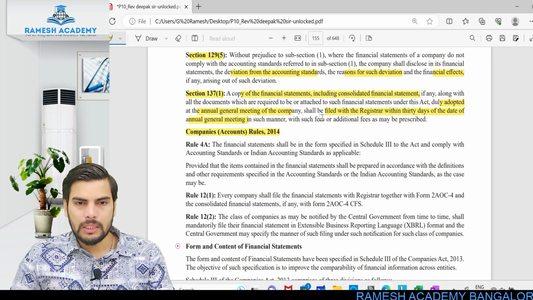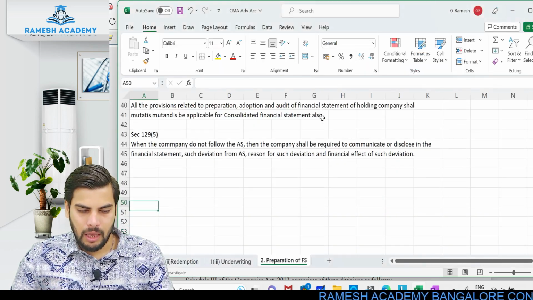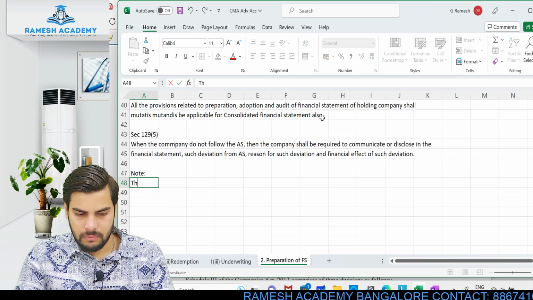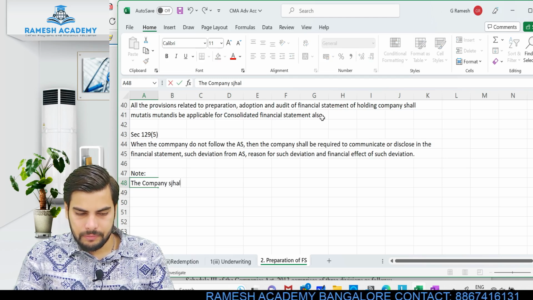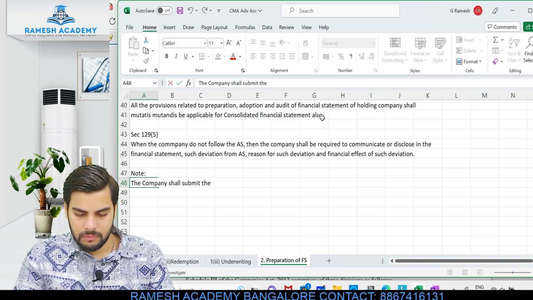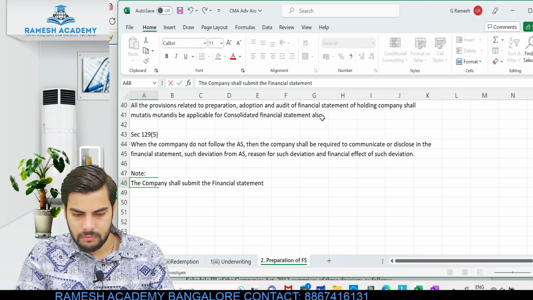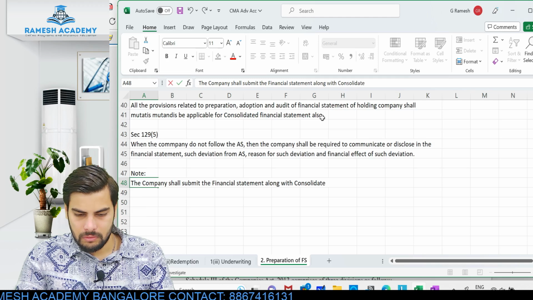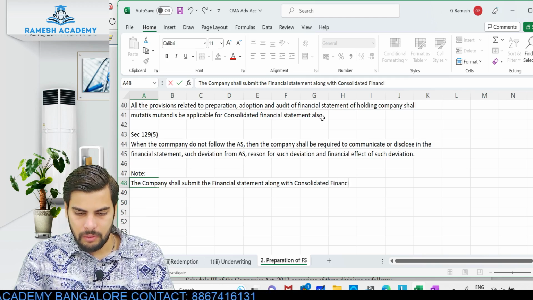So these financial statement has to be submitted with ROC. The company shall submit the financial statement along with consolidated financial statement with the registrar.